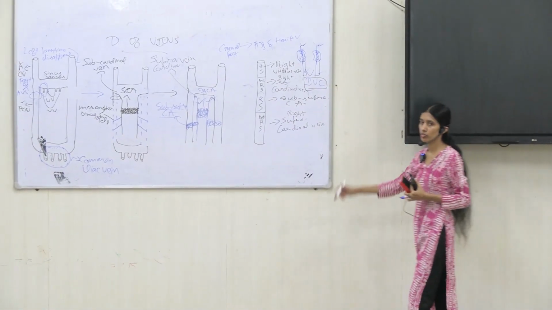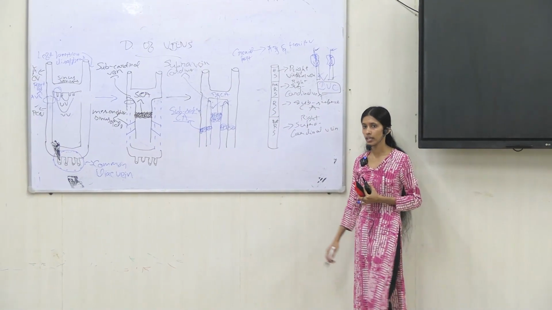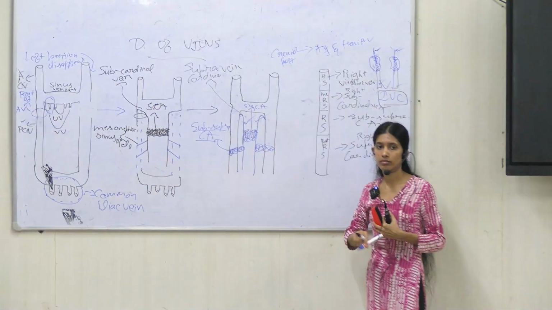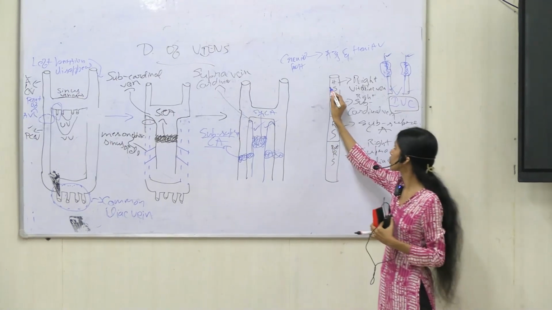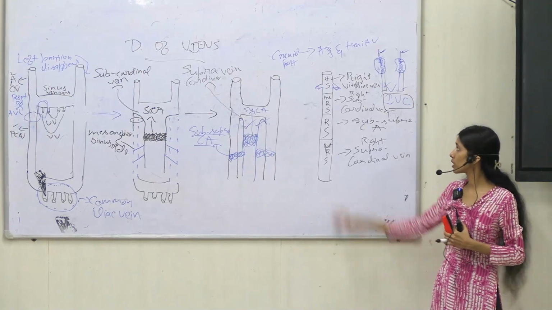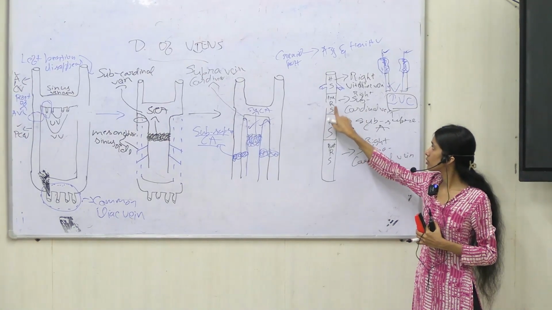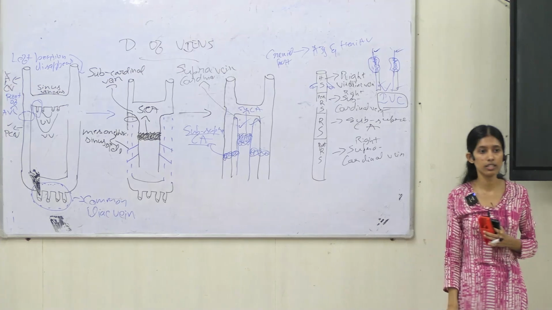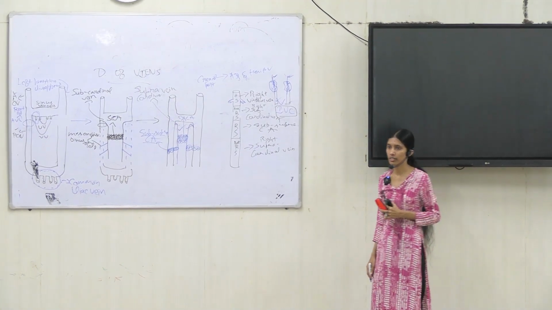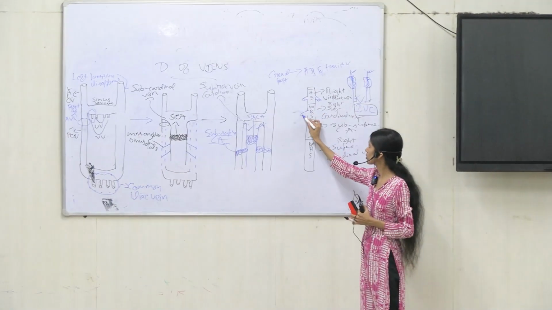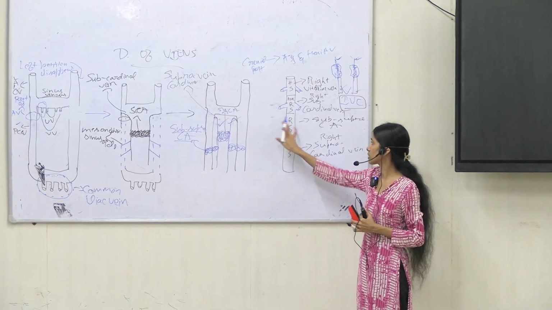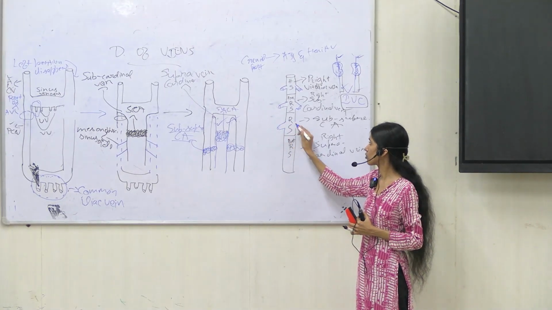What are the different branches we can see here? In the hepatic segment, we can see right and left hepatic veins. From the prerenal segment we can see right subcardinal vein and left subcardinal vein. Note it down. From the renal segment we can see right and left renal veins.